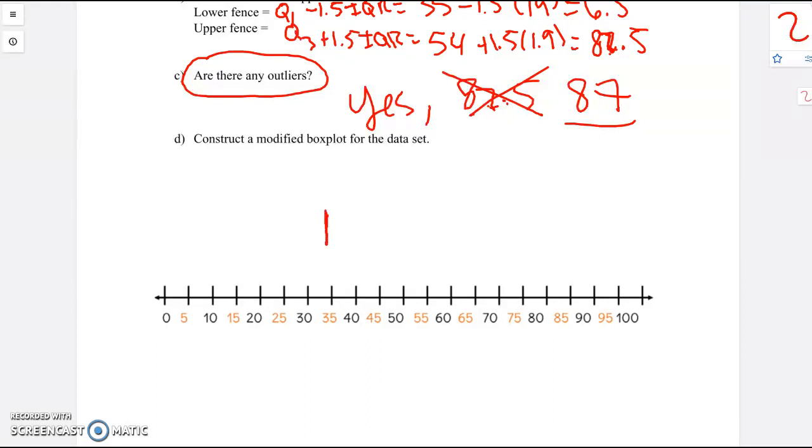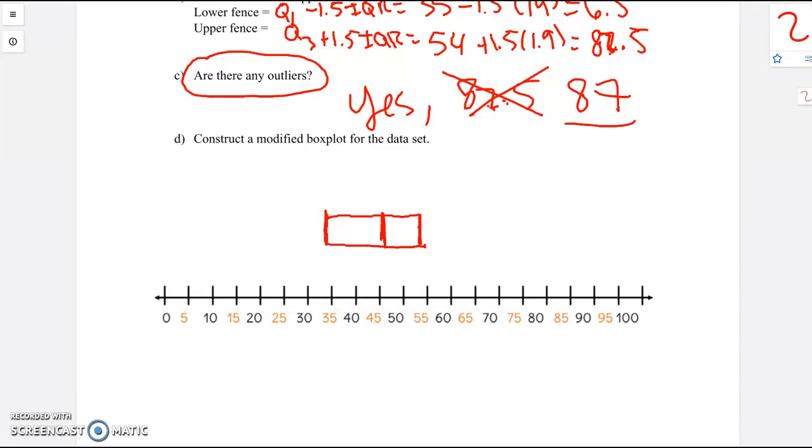Q2 was 46, so 46 is somewhere around here. Then Q3 was equal to 54, which seems like it's around here. And now I'm just going to make a box. Here's my box. Perfect.